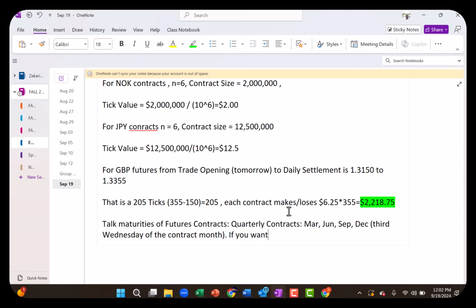If you want to keep your position, at the maturity of your current contracts, you roll the position to the next contract.